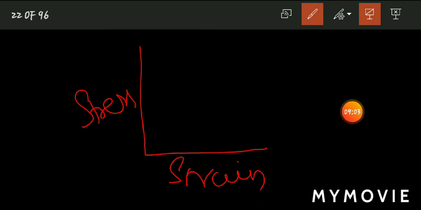Usually we use tensile loading only because it is easier to carry out the test with a tensile load rather than compressive, and the results are also promising. So we get a curve when we plot stress along the y-axis and strain along the x-axis. The graph will be something like this.